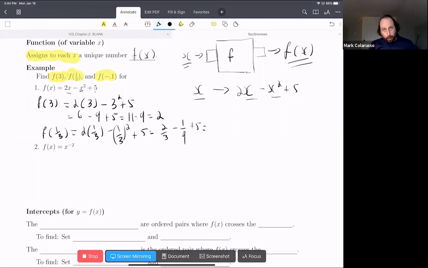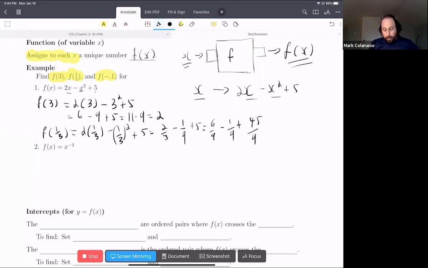If we want to do this without a calculator, maybe it's good to practice. We should get everything to a common denominator, which is 9 in this case. So this would be 6 over 9 minus 1/9 plus, and we have to do 5 times 9 is 45, so 45 over 9.